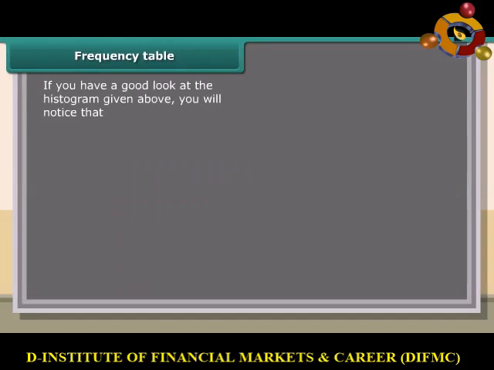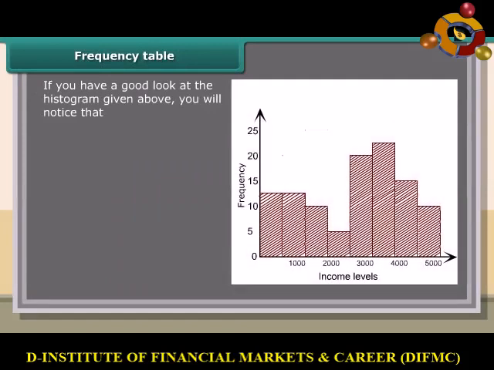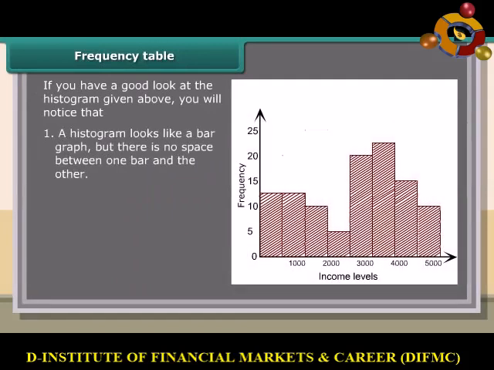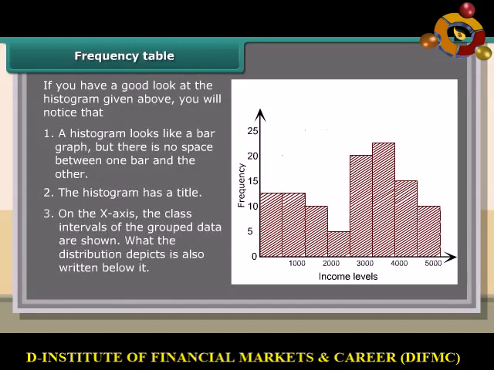If you have a good look at the histogram given above, you will notice that 1. A histogram looks like a bar graph, but there is no space between one bar and the other. 2. The histogram has a title. 3. On the x-axis, the class intervals of the grouped data are shown.